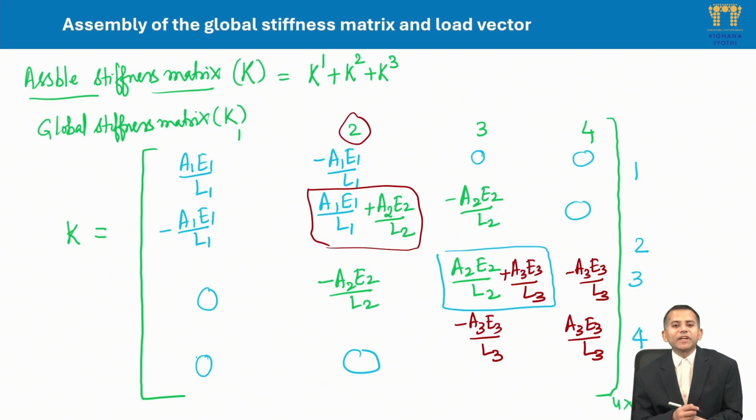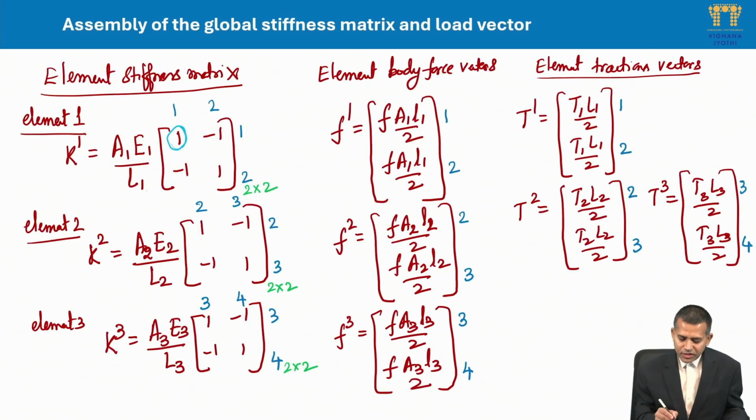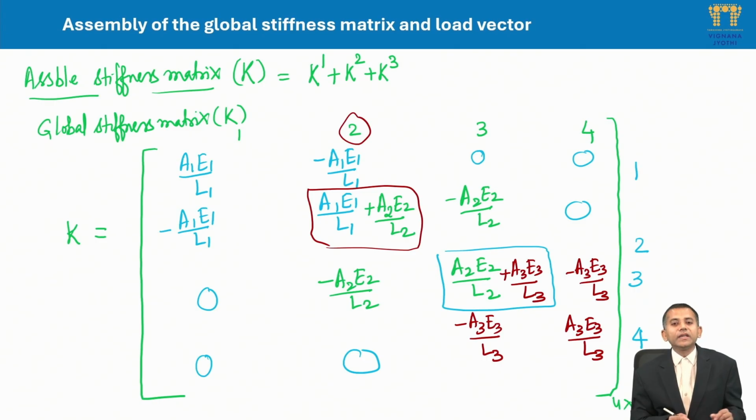So it is a symmetric matrix. And in the previous case also, all the element stiffness matrices, 1, minus 1, minus 1, 1, are symmetric. So stiffness matrices are always symmetric. That is the second one. The third one is that stiffness matrices are always banded matrices.